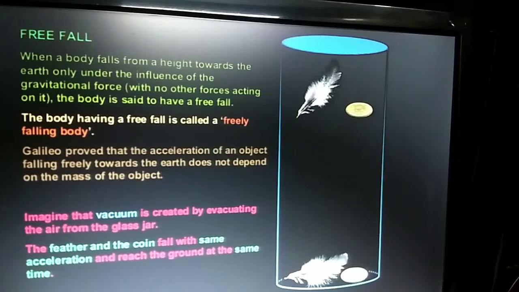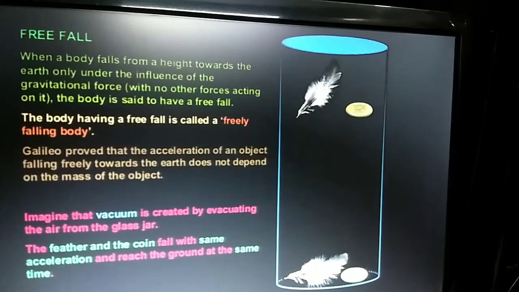The body having a free fall is called a freely falling body. And he proved that the acceleration of an object falling freely towards the earth does not depend on the mass of the object. Experimental verification was done by Robert Boyle just after the death of Galileo.